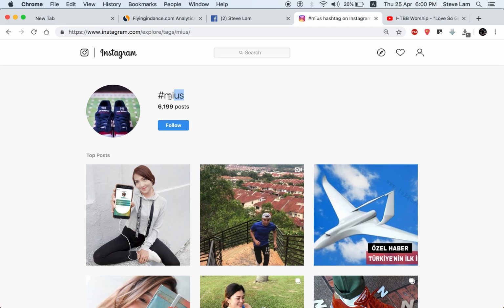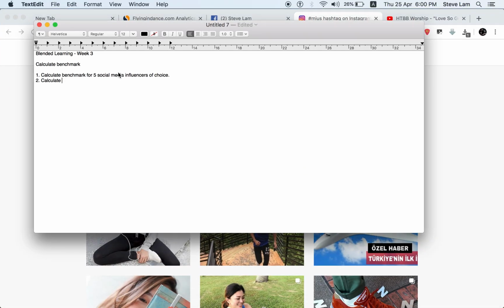So news, okay? Track news, calculate the influencer's involvement using the hashtag news. For example, Sunshine Kelly is one of the examples.